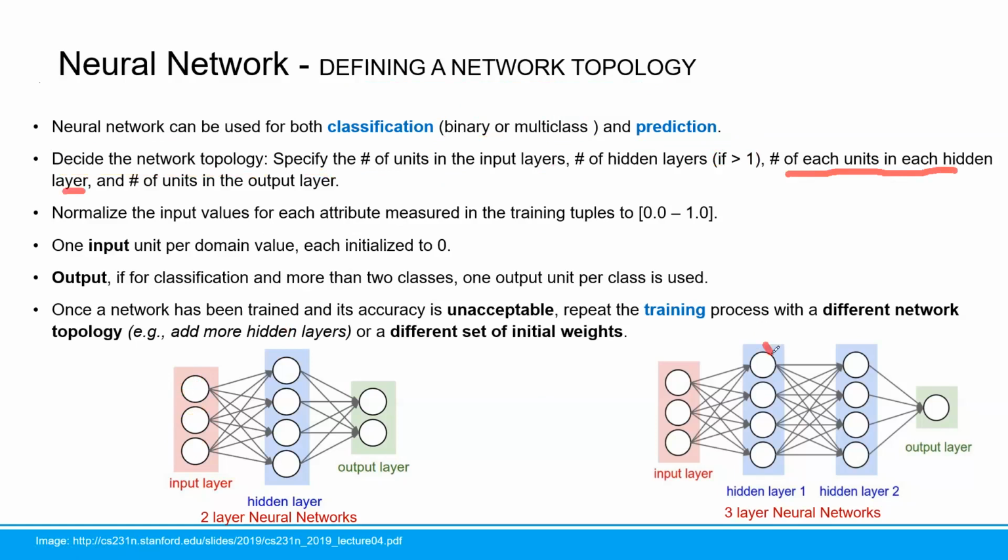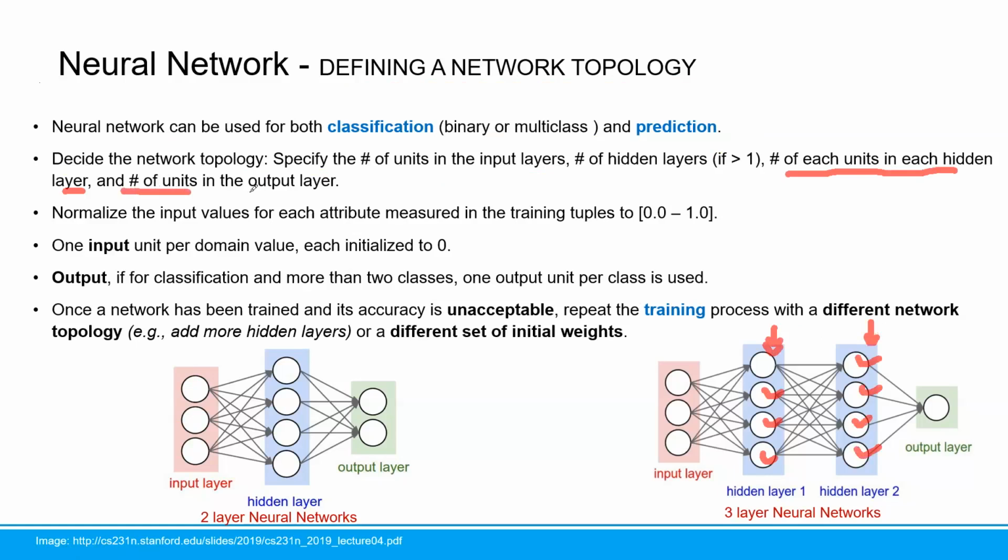Maybe you think that the units are the same: we have 1, 2, 3, 4, and in the other hidden layer we have 1, 2, 3, 4. But sometimes the number of units in different layers can be different.